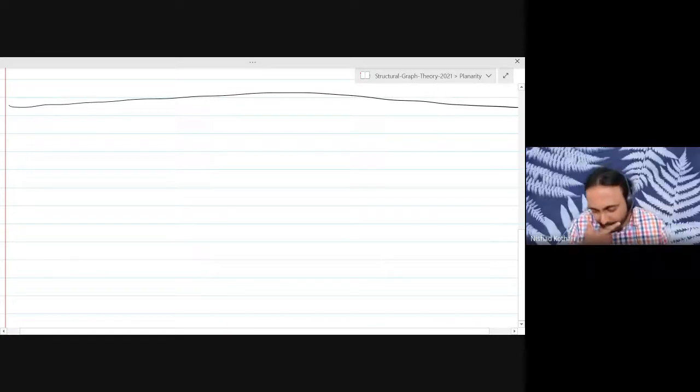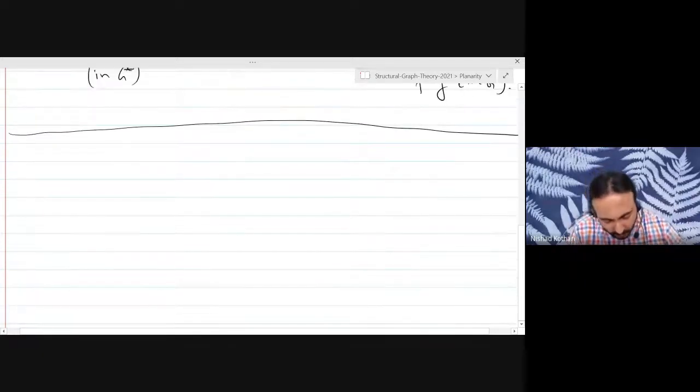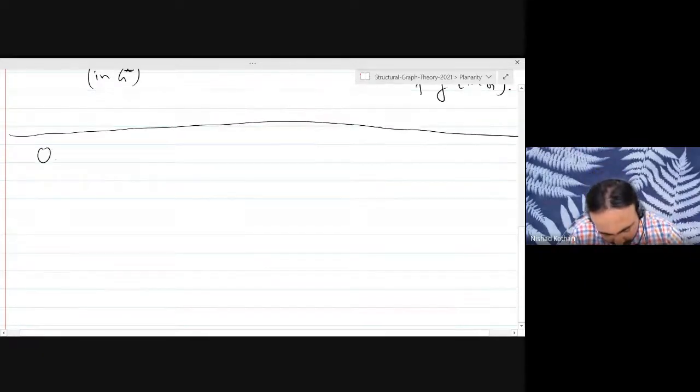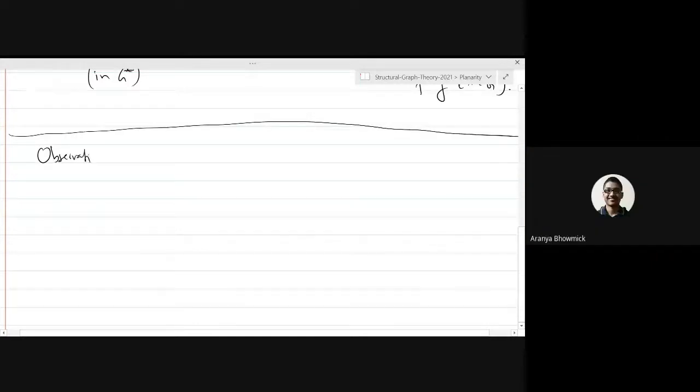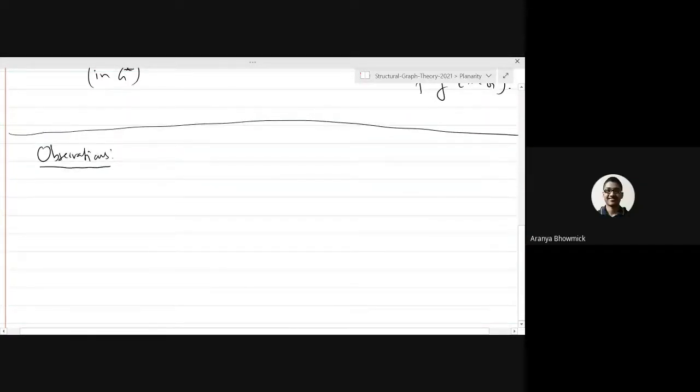Okay, good. Before we move on to those more non-trivial questions, Sir, I think what he said is correct. The dual of a dual will be isomorphic to G, but in that case we have to modify the definition of dual. What we are doing here is, for every edge in G, we are keeping an edge star in G star.